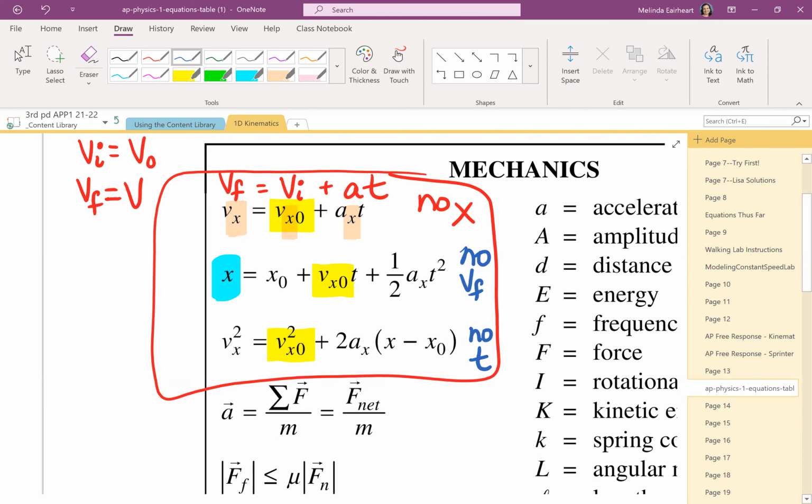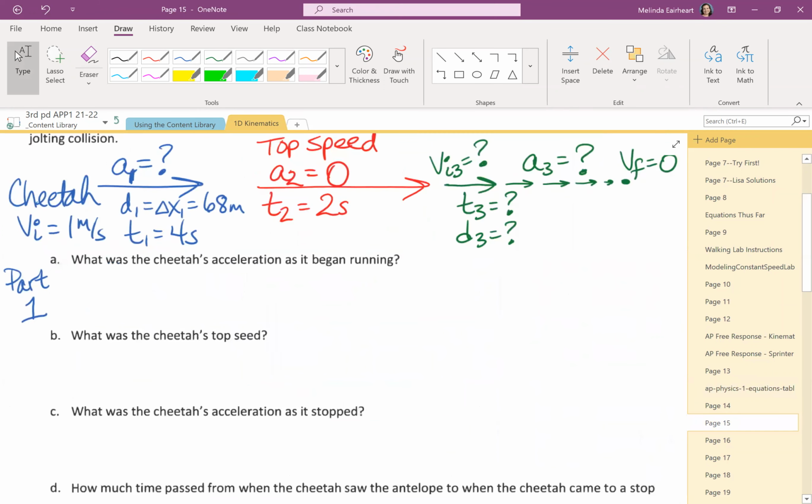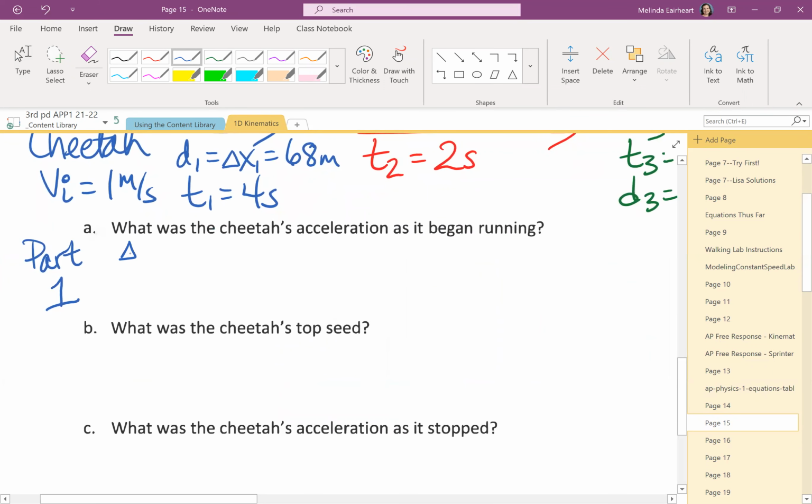So it's a little problem-solving strategy. And so to solve for the first part's acceleration, we don't know the final velocity and we don't need the final velocity if we use the second one. And so that's what I'm going to write down. Again, a good physics student shows the grader what physics model we're using, right?